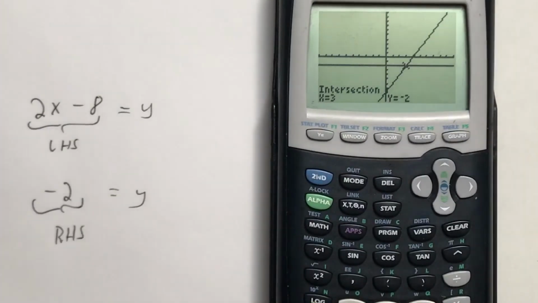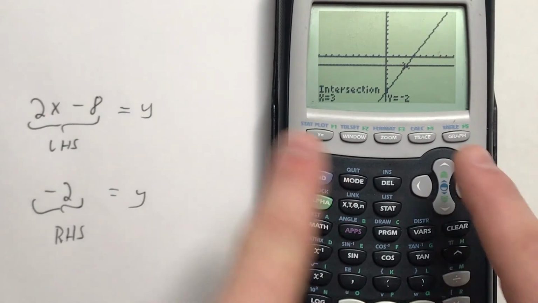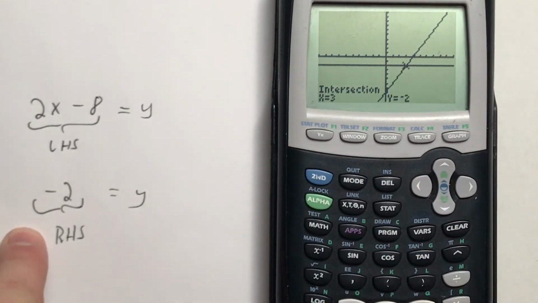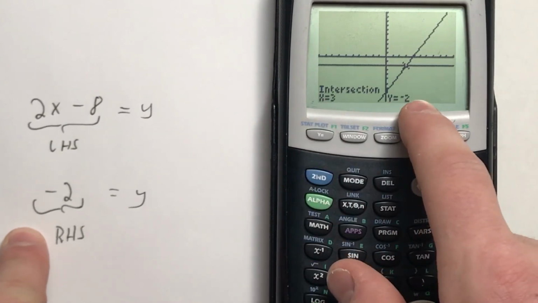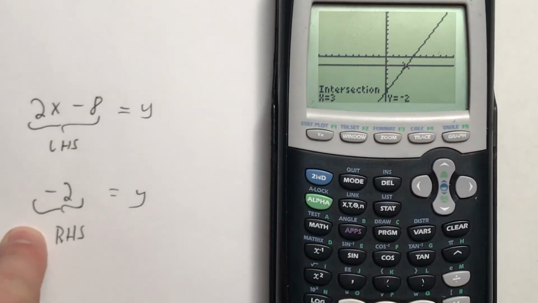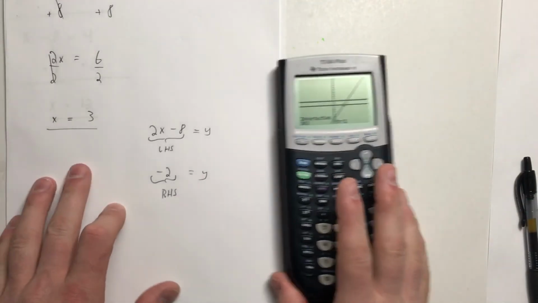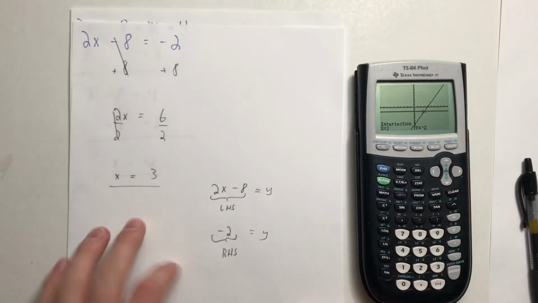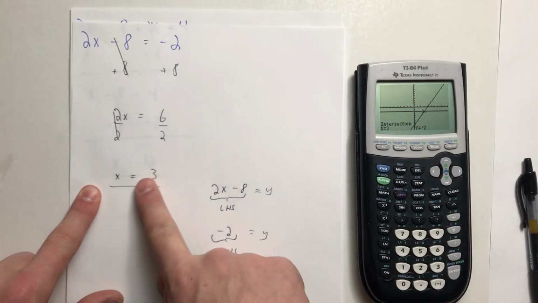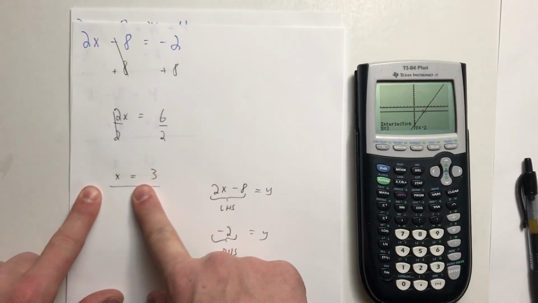And then the calculator, after all of that, will say intersection x equals 3, y equals -2. What that means is that these two curves intersect each other at an x value of 3 and a y value of -2. So our solution for x is +3, and this matches the algebra that we did in the previous video, where we also have +3.